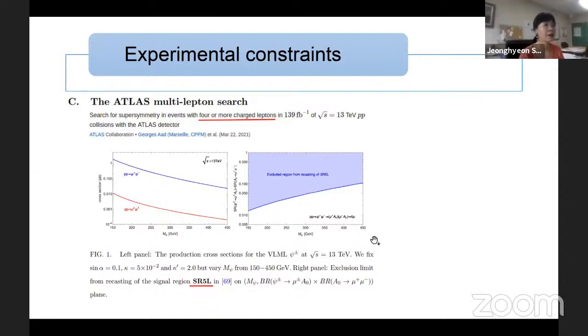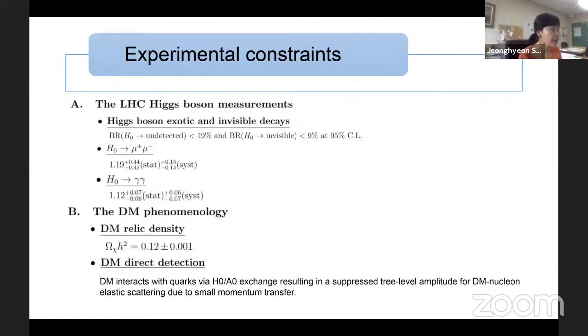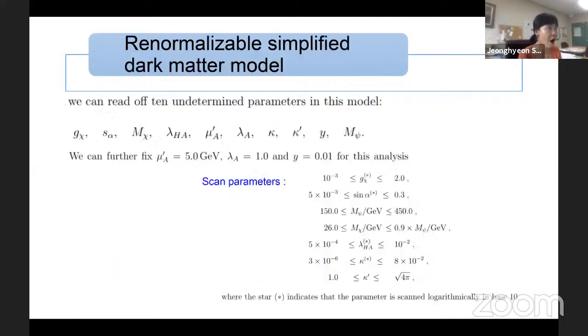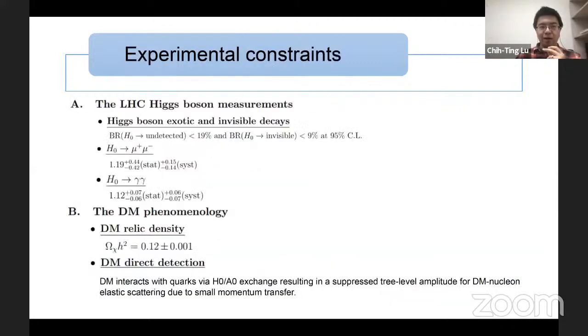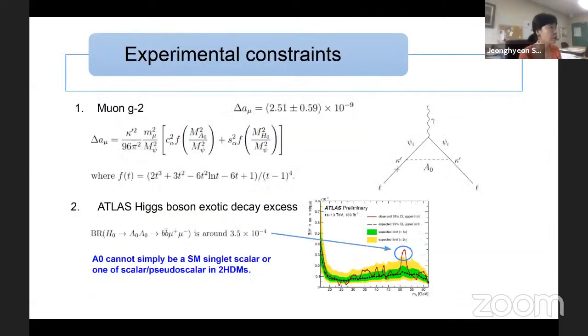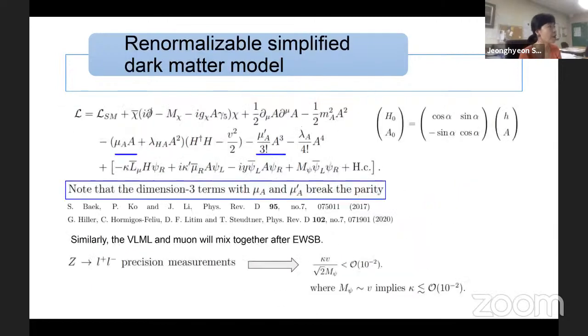I have a question. Yes, please. I don't understand how your A couples to B quarks. You said A decays into BB bar. But you introduced a vector-like lepton, right? Yes.